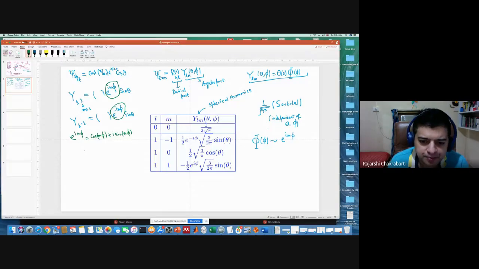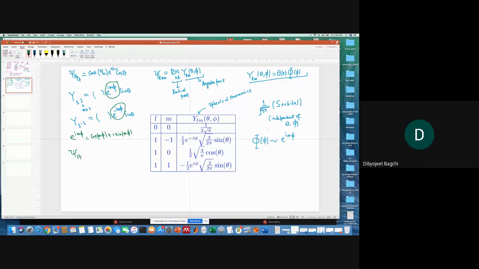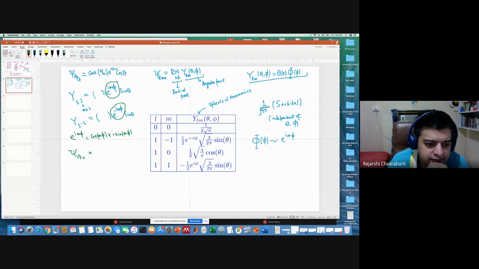Once you do this, you can come up with functions which will no longer have exponential of i m phi and exponential of minus i m phi. And then we construct something, and these orbitals are known as, how many of you know this? These are called 2px and 2py.